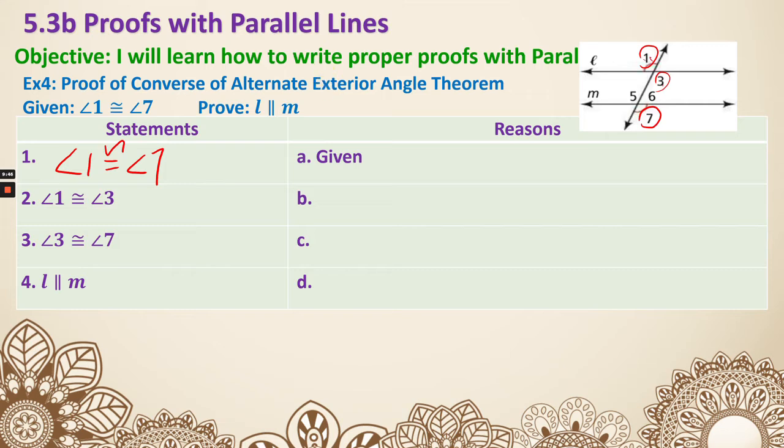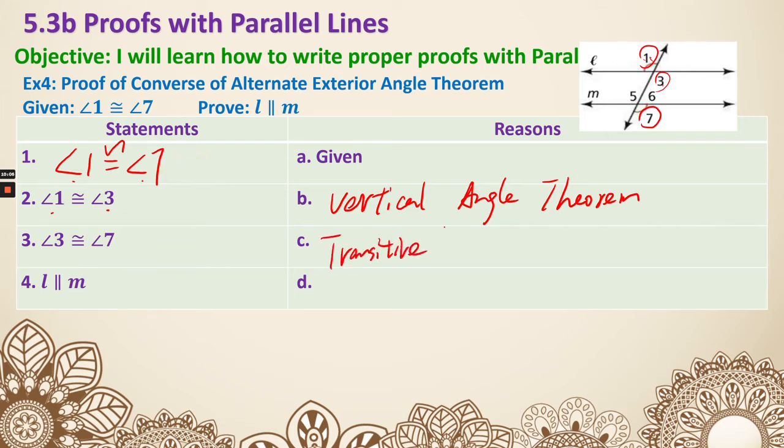We can clearly see they are vertical angles. So that is going to be the vertical angle theorem. And because of that, 1 equals 3, and 1 also equals 7. We can call that either substitution or transitive property of equality.